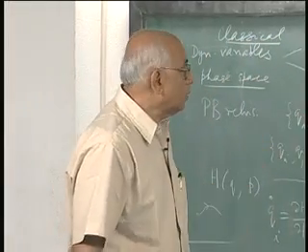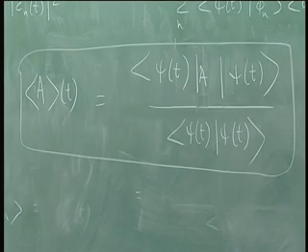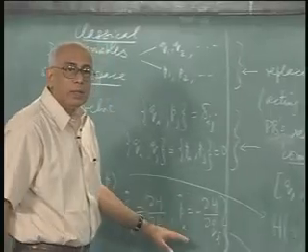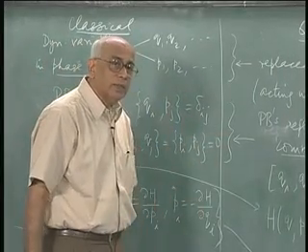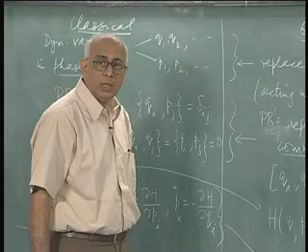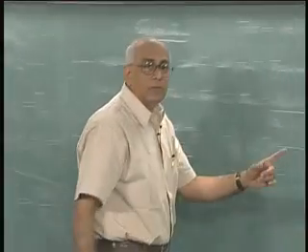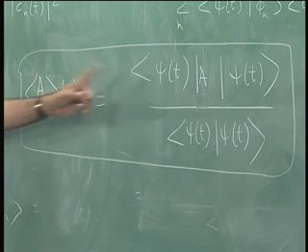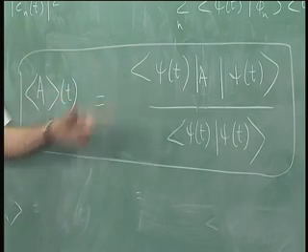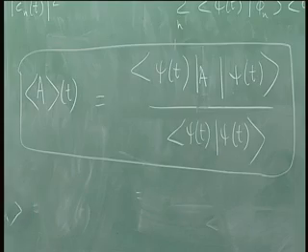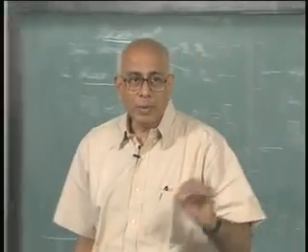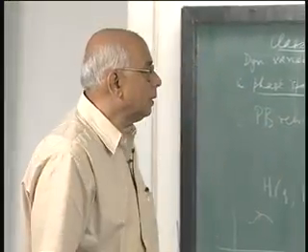Now this gives us a hint as to what these equations of motion would look like. Whatever these equations of motion are, they should be such that when I take average values I recover this. In a sense this should be the solution to the problem. I should be able to recover that formula here, okay.